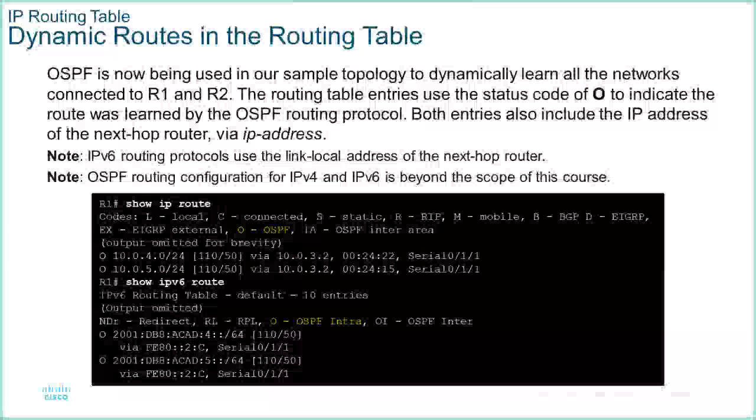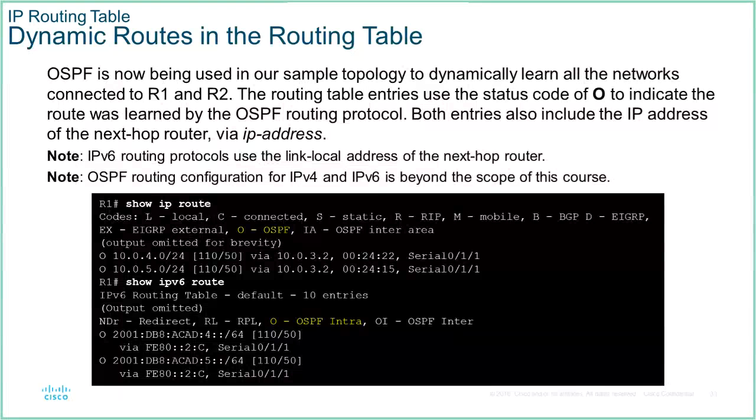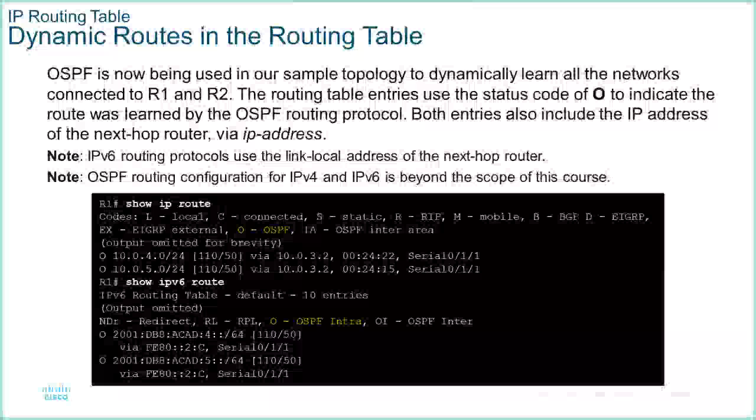So the same information is displayed via the show ipv6 route for IPv6 networks. You can see there it'll give us the O, the network, the subnet mask, the administrative distance, the metric, the next hop address, and the exit interface.